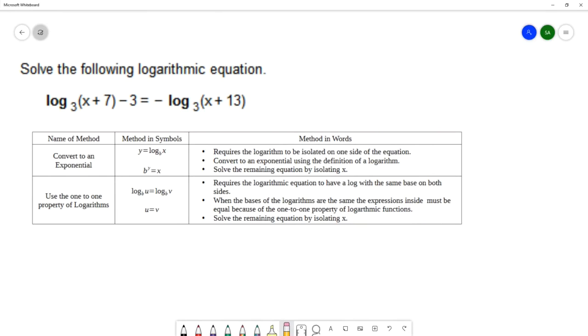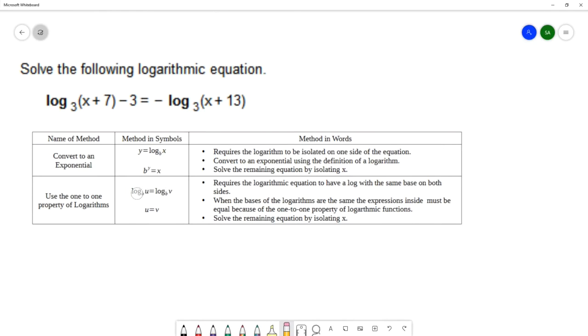The other method that we've learned for solving log equations is the one-to-one property of logarithms, and some books call that the property of equality. With this method, you would typically have log base b on one side and log base b on the other side, a log with the same base on each side of the equation.